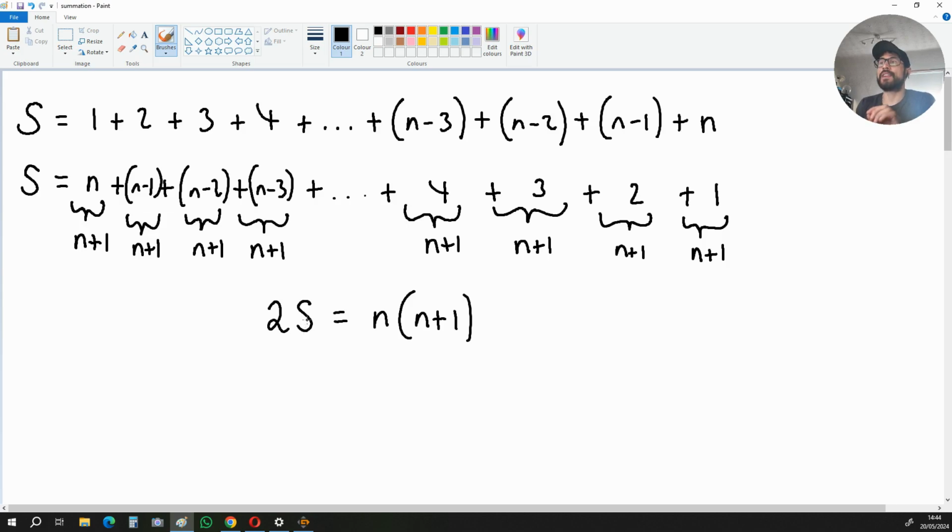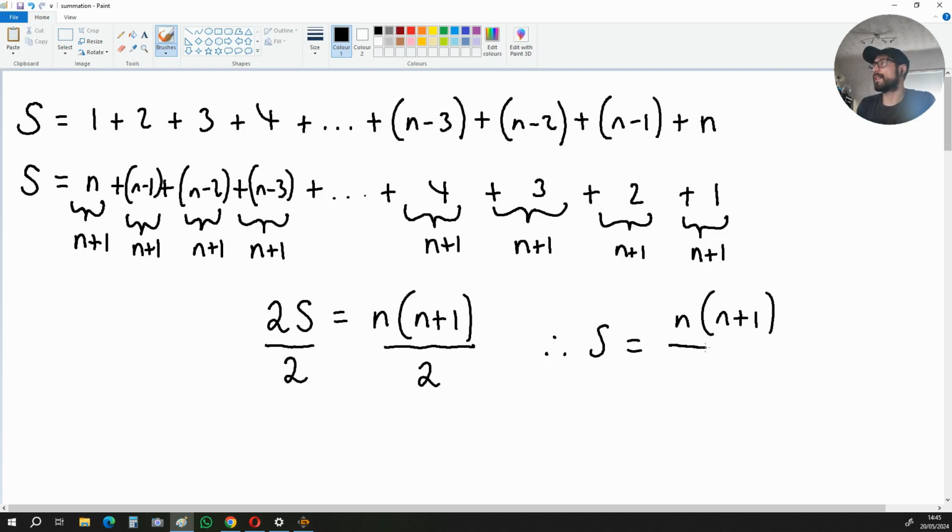Now to find s, all we have to do is divide both sides of this equation by 2. 2 over 2 gives us 1. Therefore, s is n, the number of terms, multiplied by n plus 1 divided by 2.